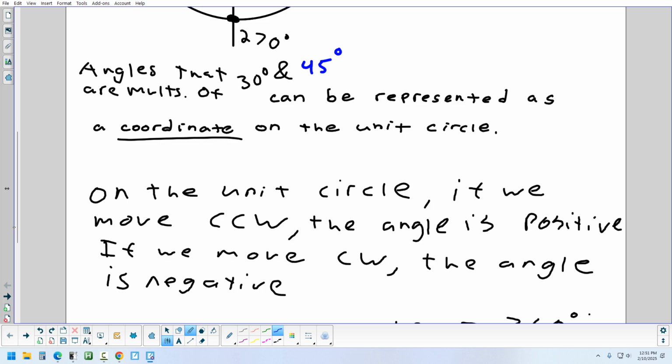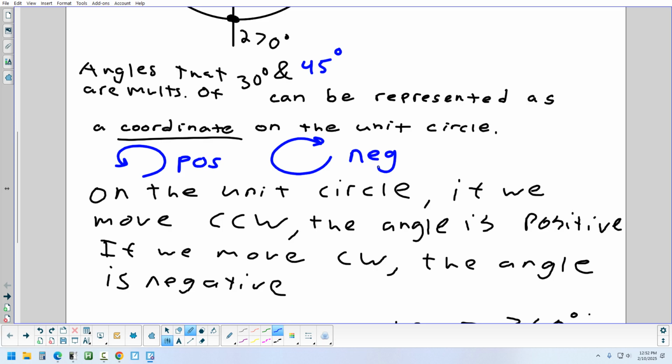If you are not sure which way counterclockwise is, it's like that. So counterclockwise is a positive angle. Clockwise is a negative angle. Those are the 2 different directions we can rotate on a circle.